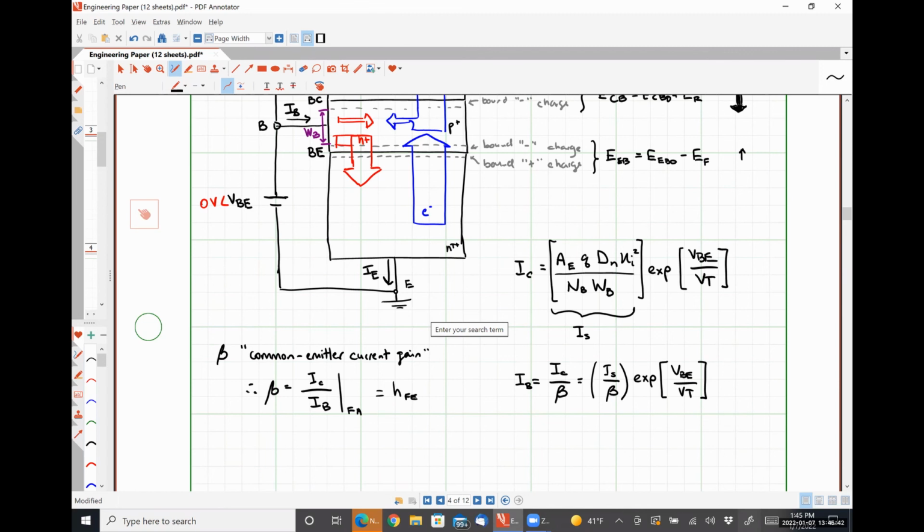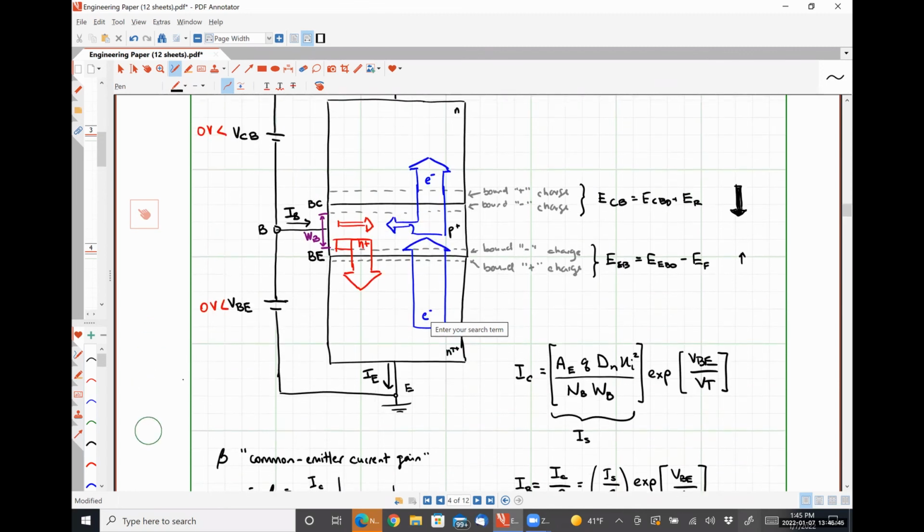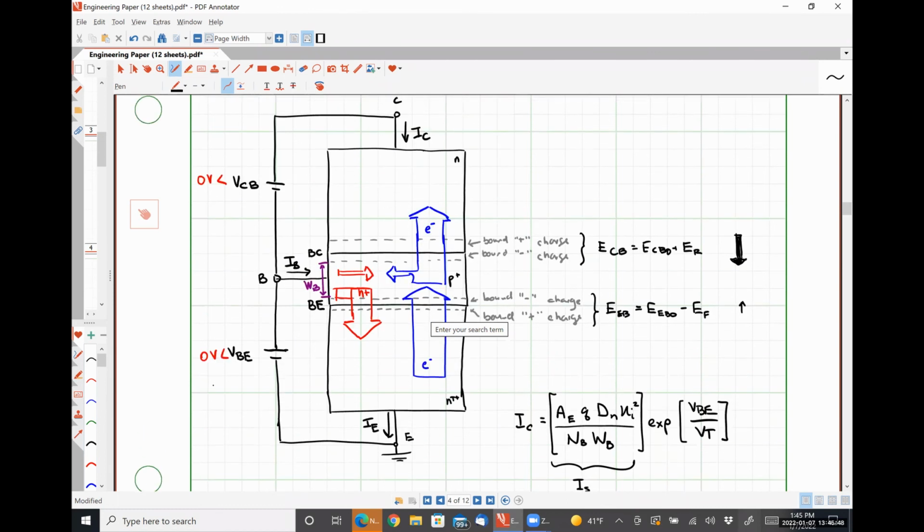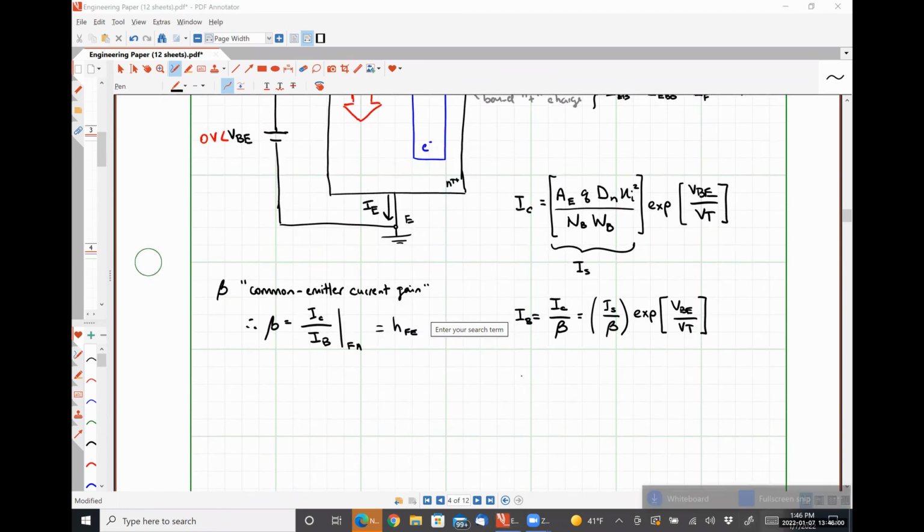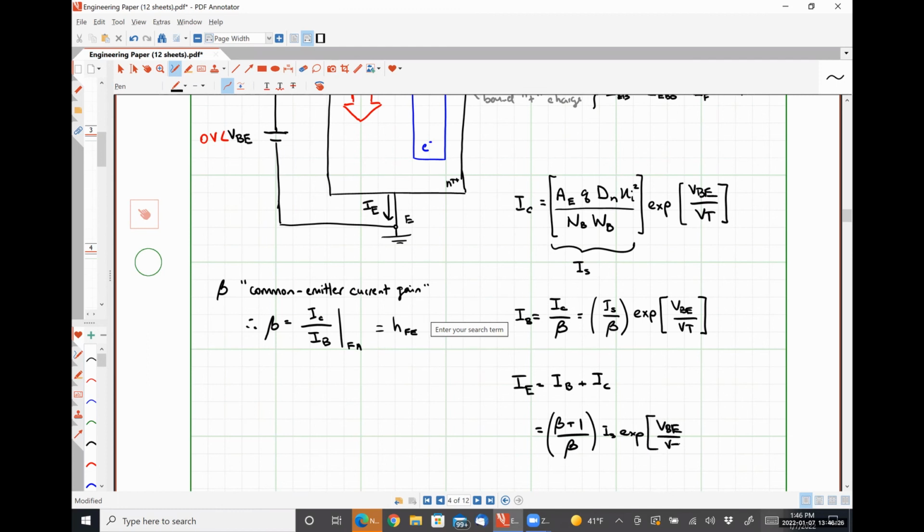But it should be fairly obvious to see, just applying Kirchhoff's current law, that our collector current plus our base current combine together to form our emitter current, such that IE is equal to IB plus IC, or (beta plus 1) over beta times IS EXP of VBE over VT.